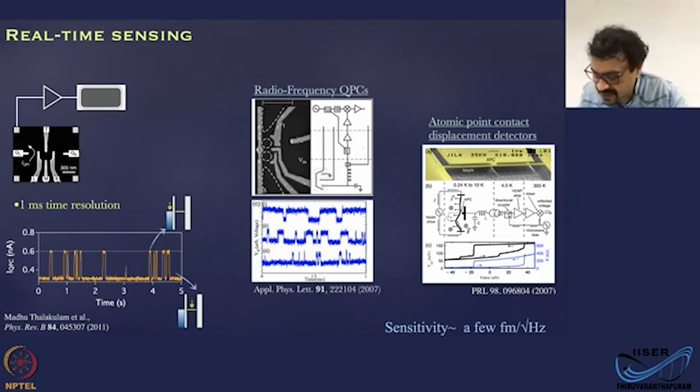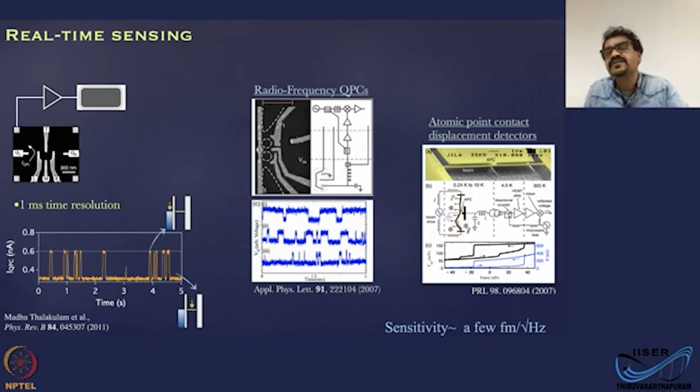In this landmark experiment, they had a microfabricated atomic point contact where you have a vibrating beam or a wire or a string, and there is a small knife edge kind of contact here, and this is the circuit diagram where the knife edge is represented here, and you can measure the conductance between these two and measure the distance between the beam and the knife edge.